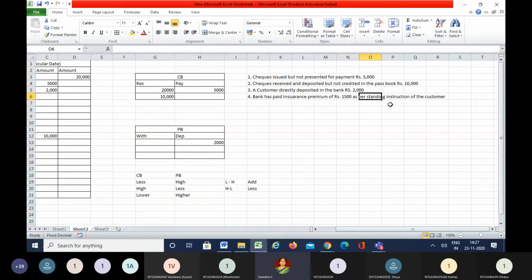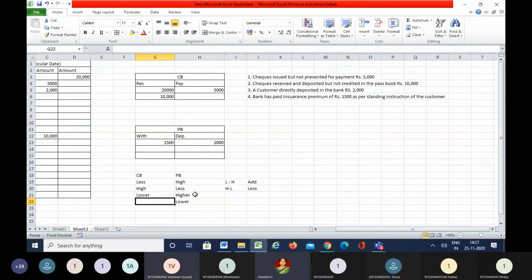So where has this been recorded first? Passbook. Very good. Now because of this, debit side, what happened to the passbook here? It decreases. So here it is lower, right? And which book is higher?